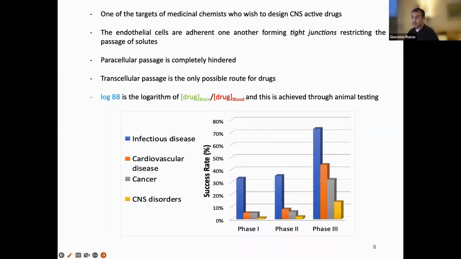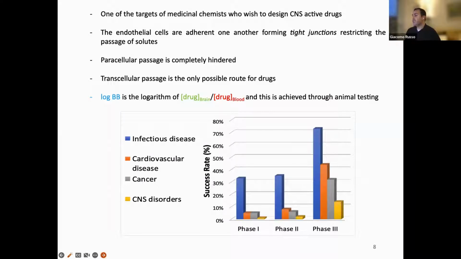There are different ways to describe the permeation of the blood-brain barrier. One of the most historically solid and regarded is log-BB. Log-BB is essentially the logarithm of the concentration that a drug or a drug candidate realizes in the brain, divided by the concentration that the drug realizes in the blood.